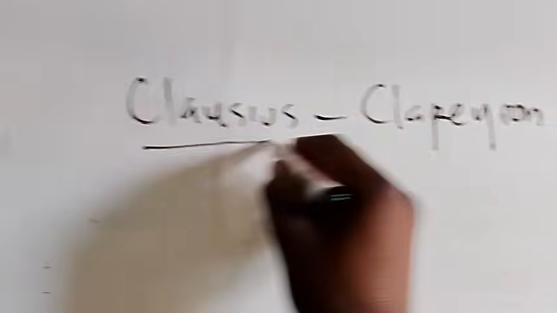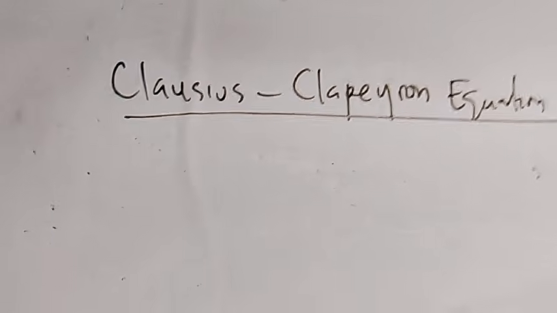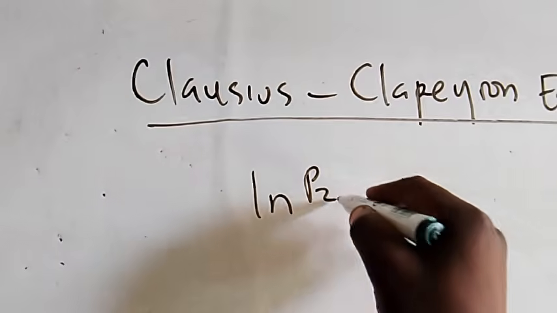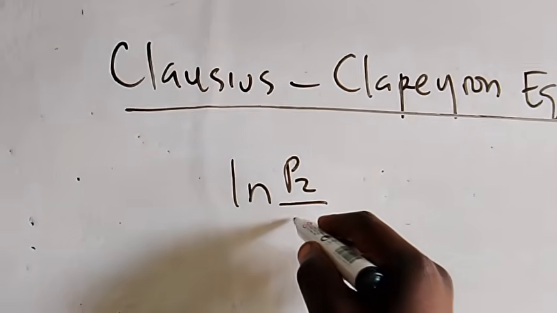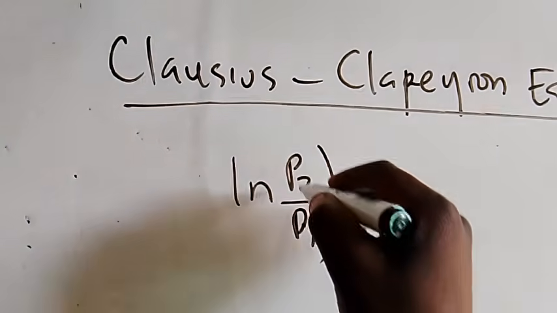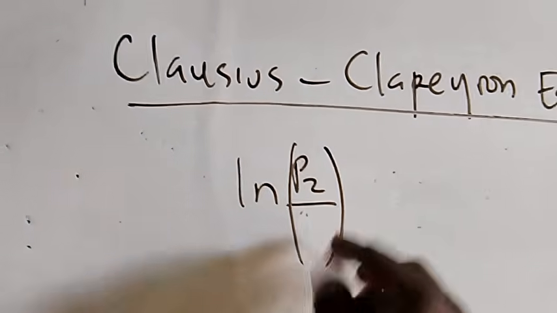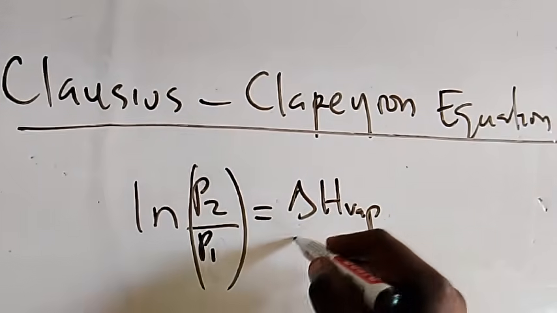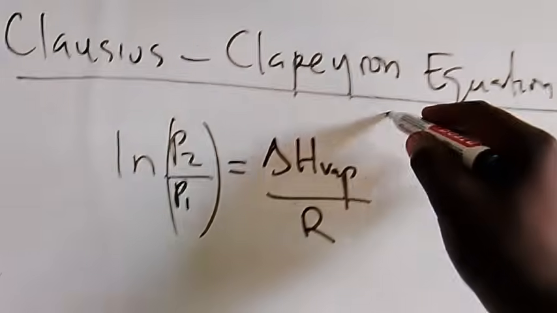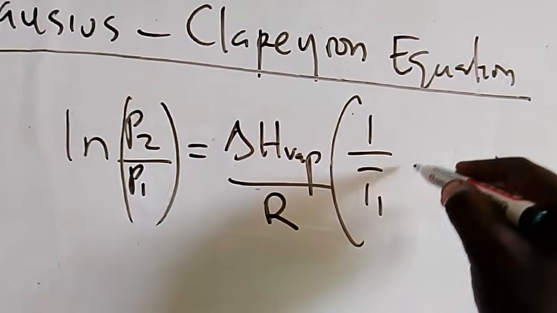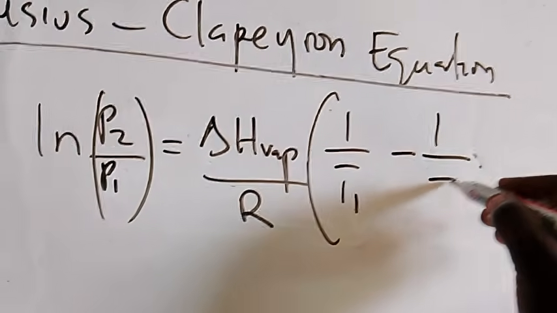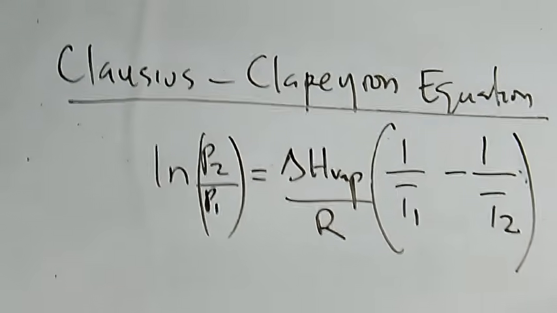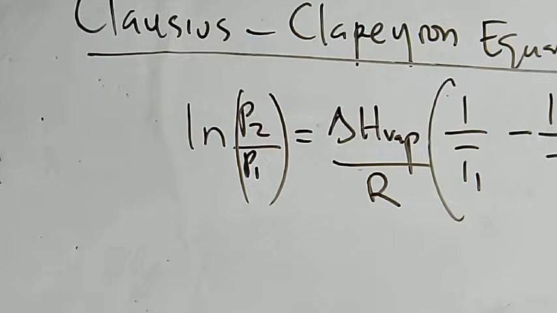The Clausius-Clapeyron equation is given by the formula ln(P2/P1) is equal to delta H vaporization over R, times (1/T1 minus 1/T2).